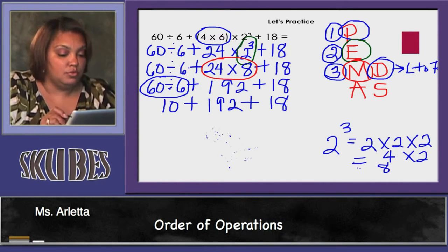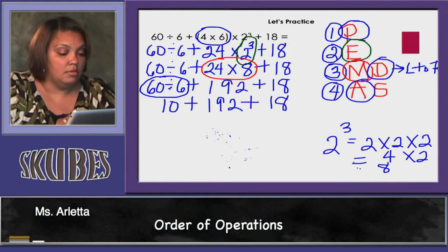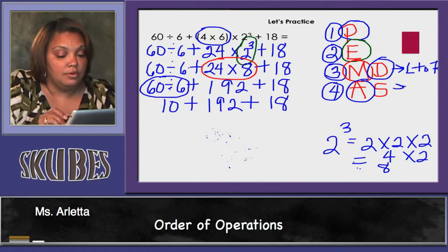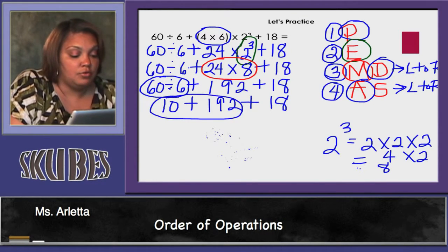What are you left with next? 2 addition symbols. Okay, so we're going to circle our addition. That's step 4. And I see 2. So what do we do? We add whatever's on the left side first and then to the right. So I'm going to add the 10 plus the 192 first.